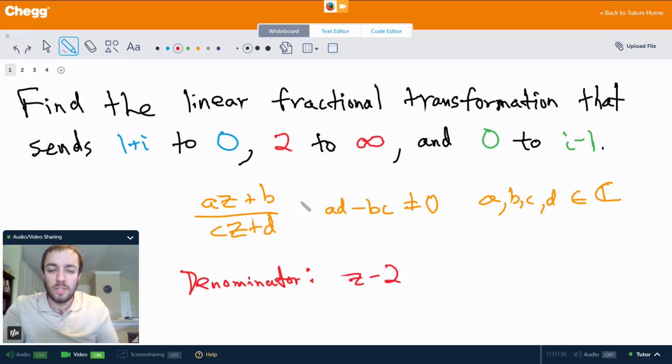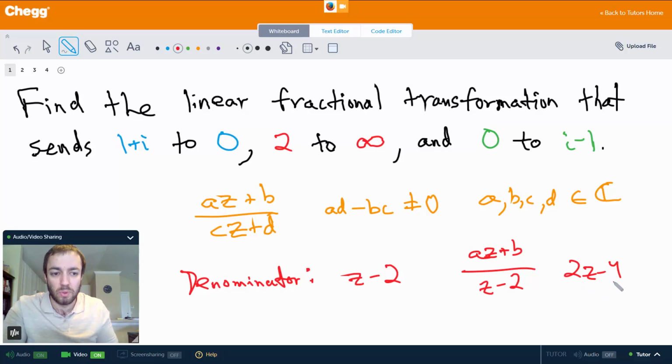So far, our conformal map looks like az plus b divided by z minus 2. Technically we could have 2z minus 4, that would also work, but let's keep this as simple as we can.